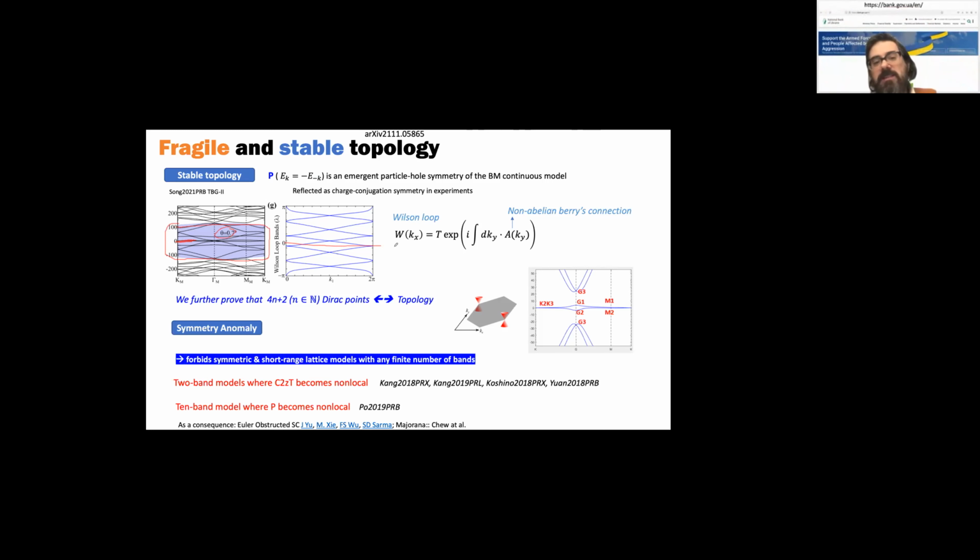So these continuum models are very interesting in the sense that no matter what bandwidth I go to, or how many bands I take, they will always stay topological as long as I keep particle-hole symmetry, C2z times T symmetry, and valley symmetry. So these models are always topological. Now, of course, you can say, well, how can that be?